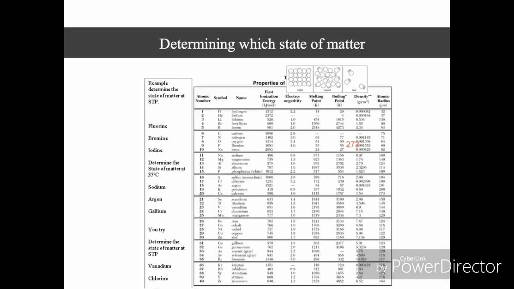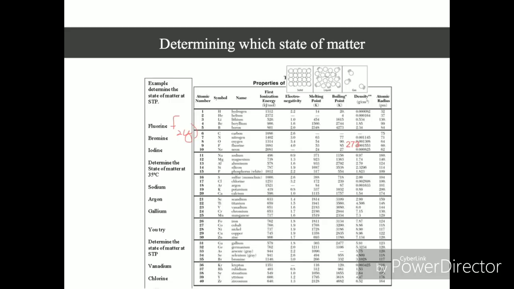Since the STP value falls after the boiling point, fluorine is a gas at STP. So notice I've written its chemical formula with a subscripted 2 because fluorine is diatomic, and I've added a subscript of G to indicate that it is a gas.